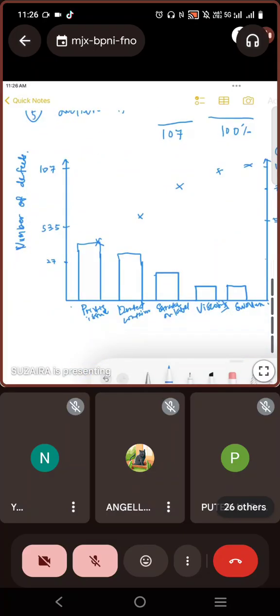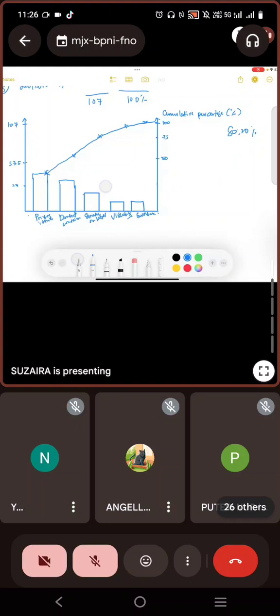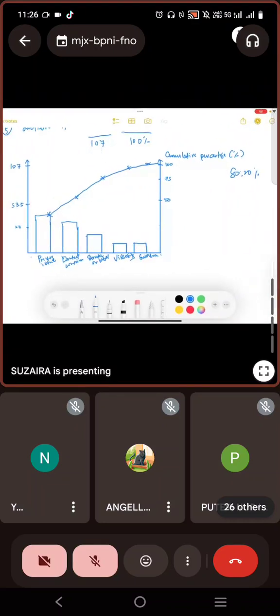So now you draw the line, the curve, like this one. Okay, just draw it like that. Alright. And the next one, what you need to do? Once you already have this one, so what else you need to do? 80%. 20%, yeah. So just drag this one, probably it depends on here. Here is 80 more or less.